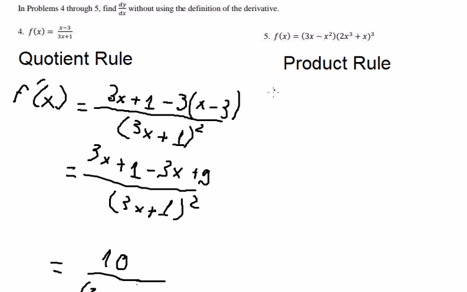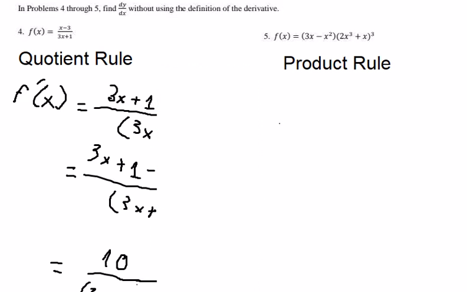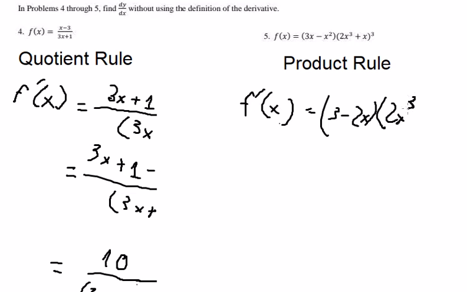So we do first derivative of the function. So we do first derivative of this one first. So you got about 3 minus 2s multiplied with 2s to the power of 3 plus 3s to the power of 3.